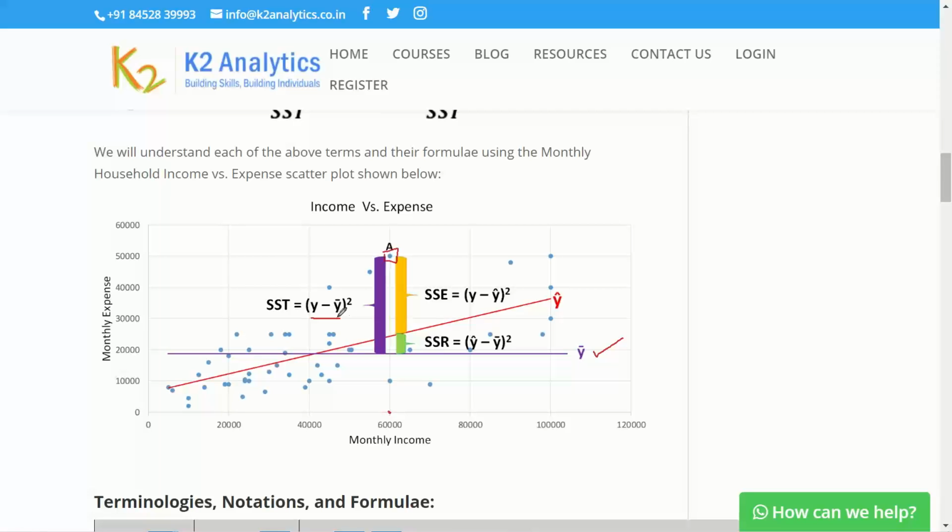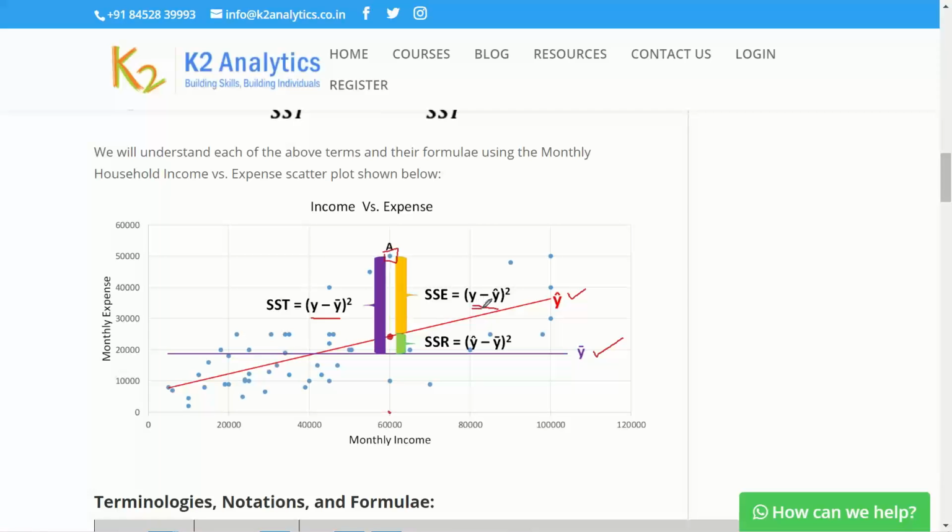Because of the model, this y cap, y hat, which is the regression line of best fit, is giving us an estimate that the expense of this household should be somewhere here, where I put a dot. Because of my estimate y cap, the error which is left behind is y minus y cap, or y minus y hat.